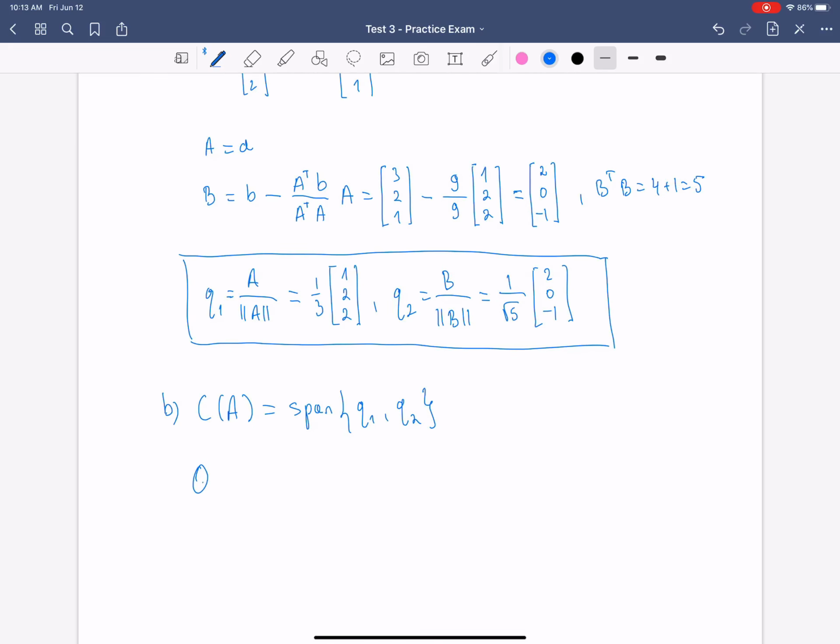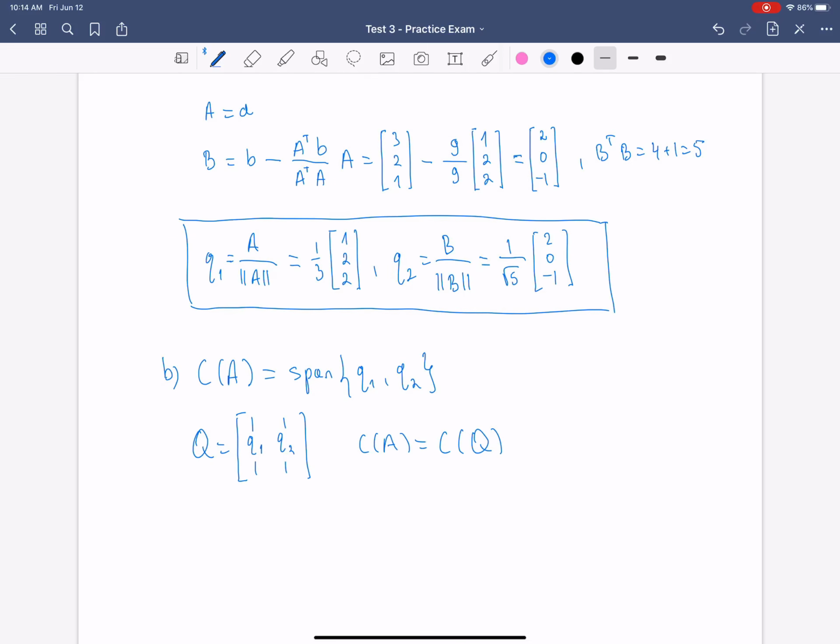So if I were to construct a matrix Q, whose columns are lowercase q1 and lowercase q2, so these new vectors, then what I have is that the column space of A is the same as the column space of Q. This is what Gram-Schmidt does. You maintain the column space. If you recall, when we did elimination, we maintained the row space, but when you do orthogonalization of the columns, you maintain the column space, but you have a new basis for it.